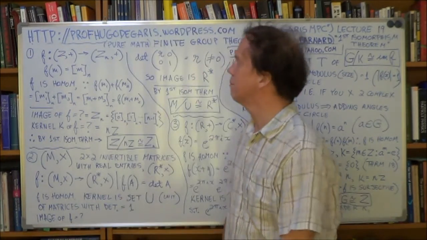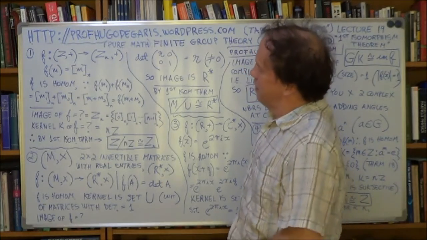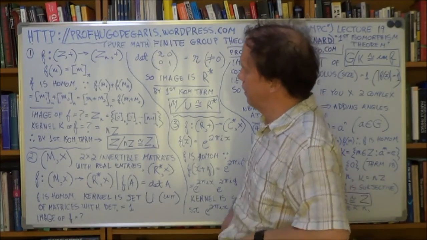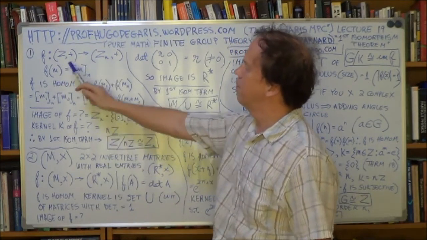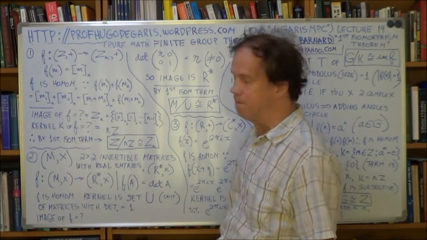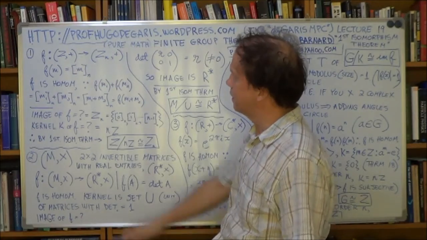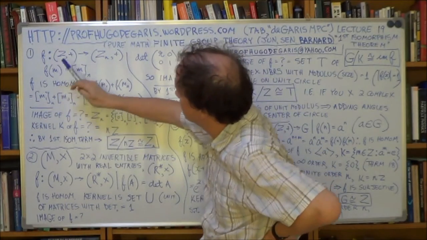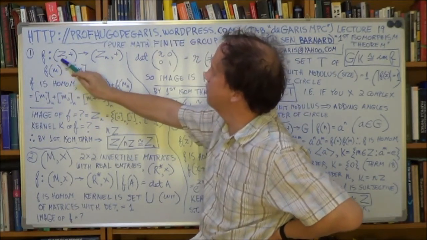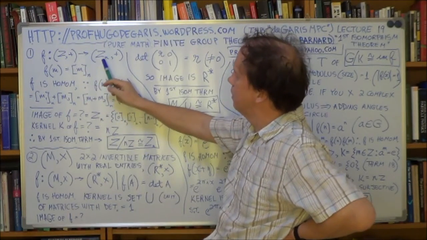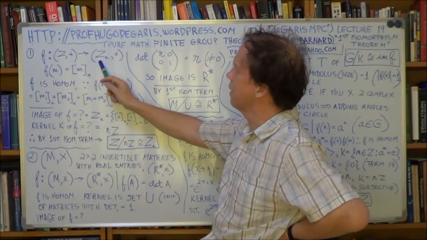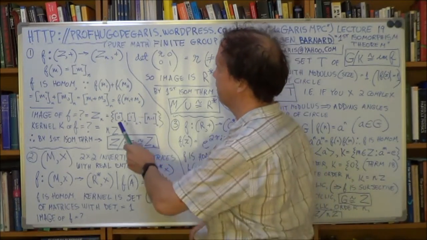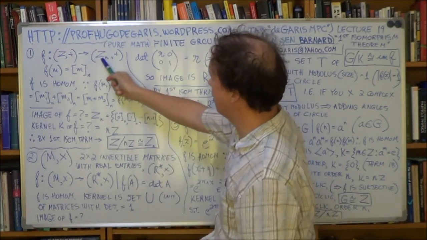Okay, so let's start. You're given a mapping from a group G, big G, to some other group H. In this case, we're mapping the integers to a set of residue classes. What is Zn?